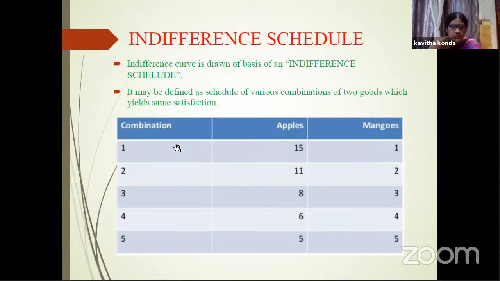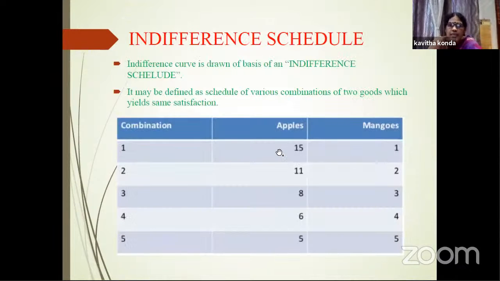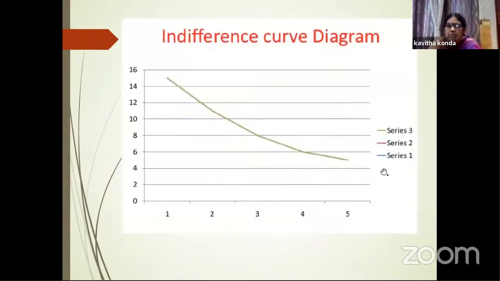In combination one, commodities X and Y, for example apples and mangoes. The first combination gives us 15 apples with a limited income, and 1 mango. Whereas in the second combination, we can get 11 apples for 2 mangoes.